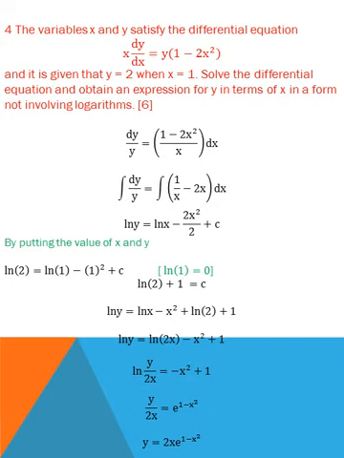The integration of 1 over x is ln of x, because the derivative of ln x is 1 over x. And use the power rule on 2x. It will become 2x square over 2, because the power is increased by one and then divided by the new power. And then add a constant, because the derivative of a constant is 0 and the integration of 0 is a constant.